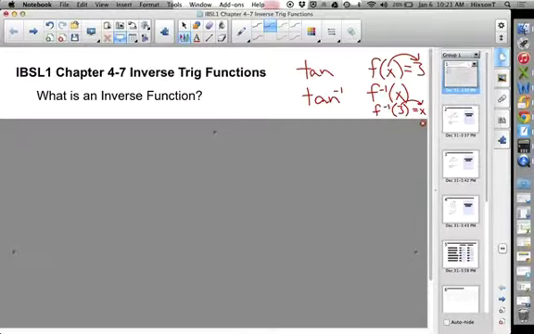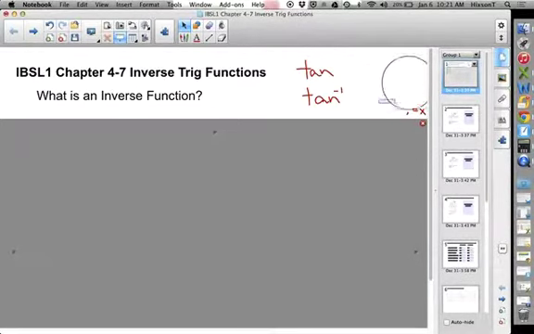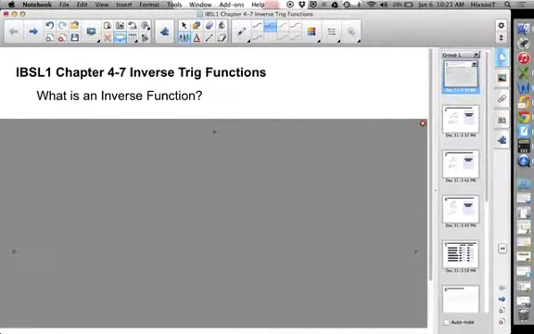So we're talking about what an inverse function does. Let's do one that we can do a little bit easier with our unit circle. When I take the sine of pi over 6, 30 degrees, what is sine of 30 degrees?